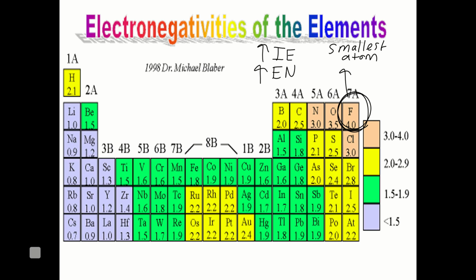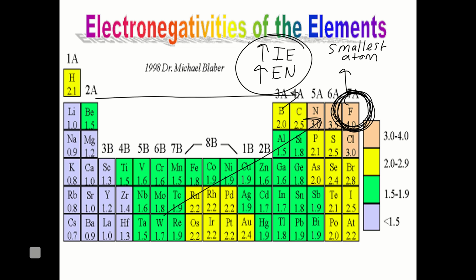So one way to remember these trends is to remember these 3 things about fluorine. If you approach fluorine, the ionization energy and electronegativity are increasing, but the radius is decreasing. You're getting to the smallest atom there. If you move away from fluorine, you do the opposite with those trends. So that does help people.